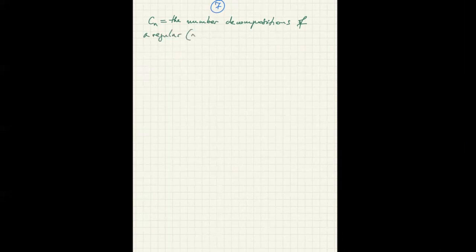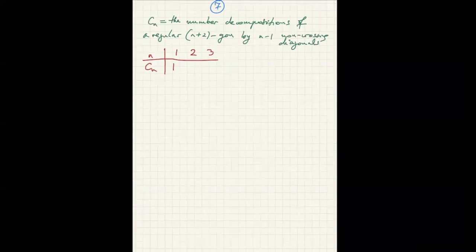It doesn't have to be regular, but it's a bit simpler to think about. So thus far we have n is here, Cn is here, and we calculated for 1, 2, 3. So we got 1 here because we had a triangle. Here it was 2 because we had a square, and here was 5. Well, what will be when n equals 4?